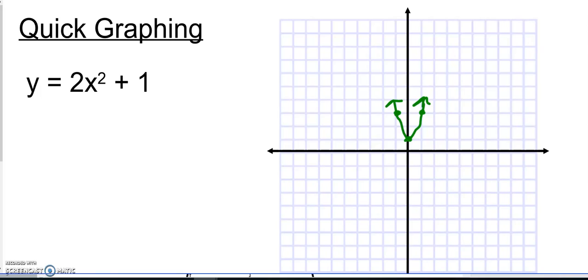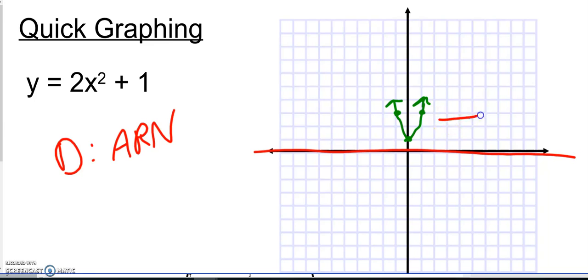So lastly, looking at domain and range. Domain of all quadratic functions is all real numbers. Because remember, domain talks about your x values. This thing will continue going outward forever in both directions. Slowly, but it will. So all x's will be a part of your domain. Range is the only thing you'll have to look at then.